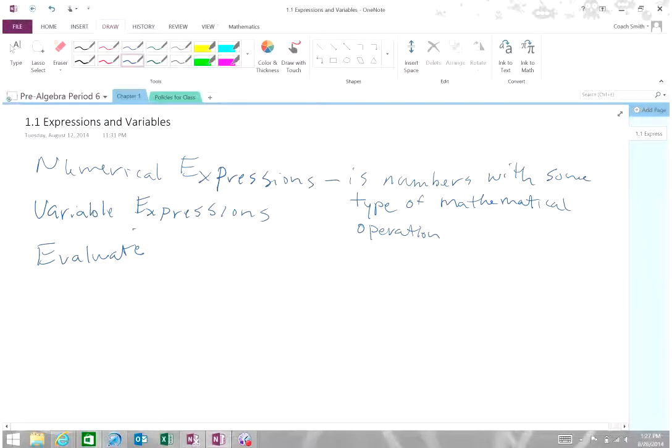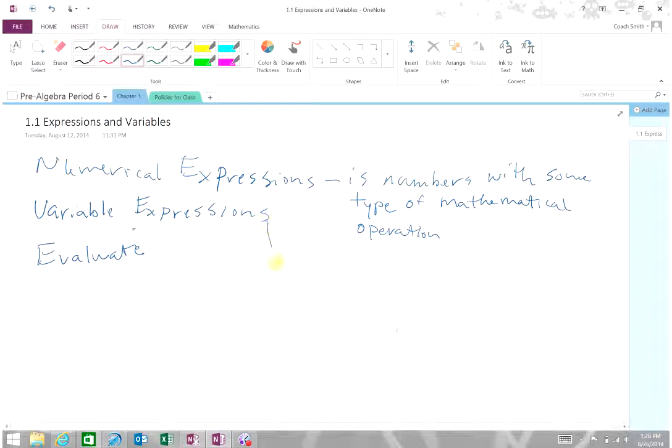Okay, so basically, this numerical expression is what you've been doing ever since you were very young. 2 plus 2, 3 plus 9, 4 times 5, 6 minus 2, anything like that. That would be numerical expressions. Okay, you've seen those, you've known those. Those are the ones that we really looked at a lot.